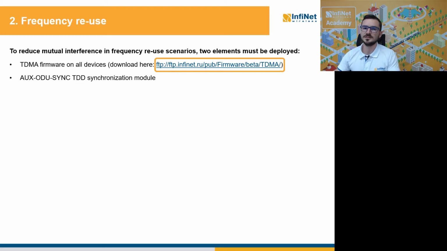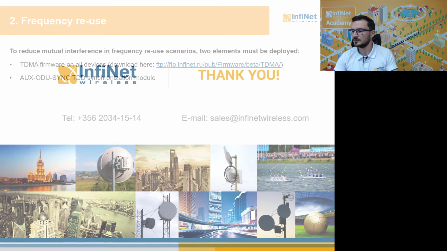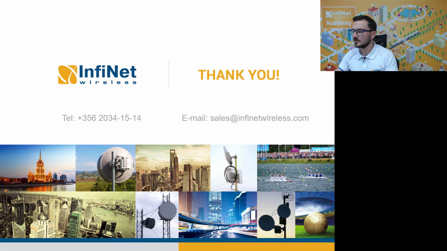We have a screencast exactly on how to upgrade from Mint to TDMA. Next question about the beta firmware. This functionality is available only in beta firmware. If you are asking about the target RSSI, no, it's not only in the beta version, it's in the stable version as well. Next question.